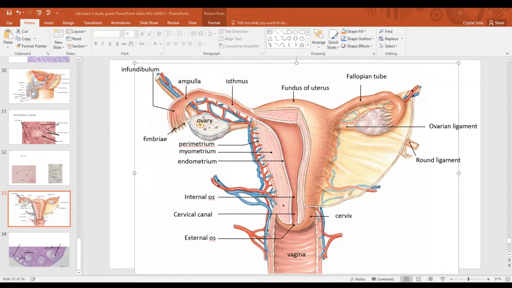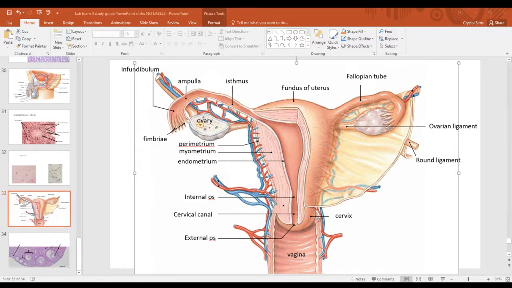And then I have the fundus of the uterus here, right in the middle. And then I have the entire structure of the fallopian tube over there on the top, the very top there.